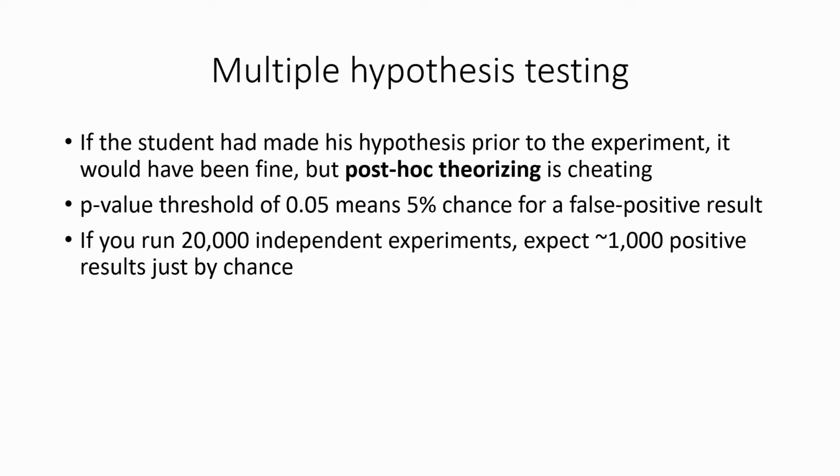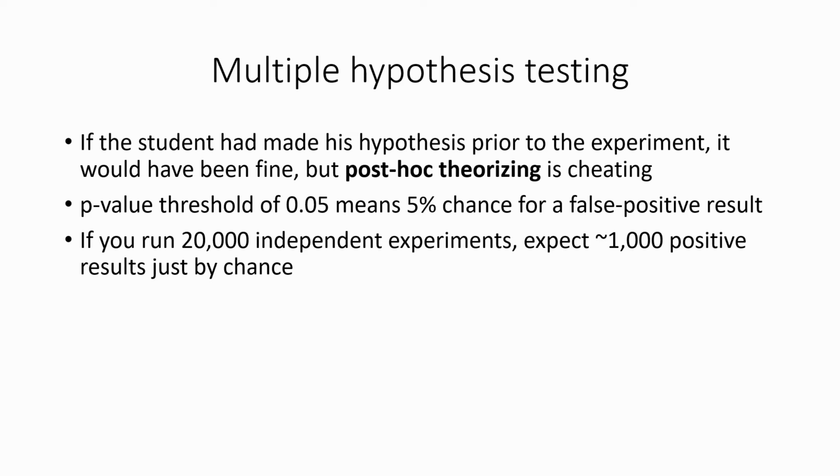And in this case, that has very strong implications, because it's not the only gene. We know that even if we just look at protein coding genes, we have 20,000 different genes. And where we run a t-test for each gene separately, it's like running 20,000 independent experiments. Now recall that a p-value threshold of 0.05 actually means that there is a 5% chance of a false positive.